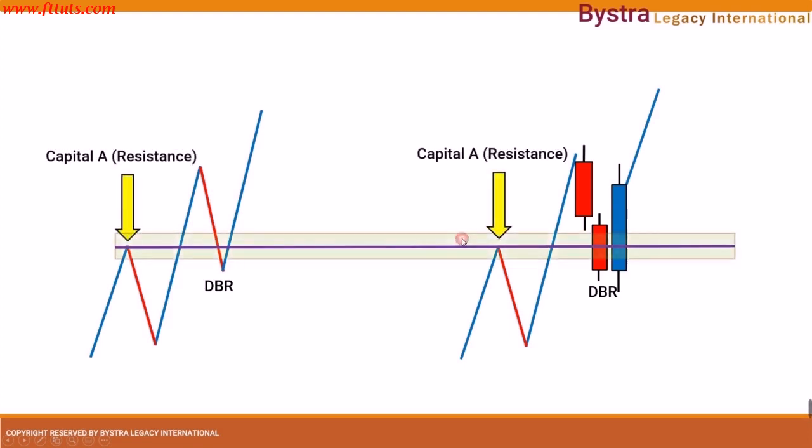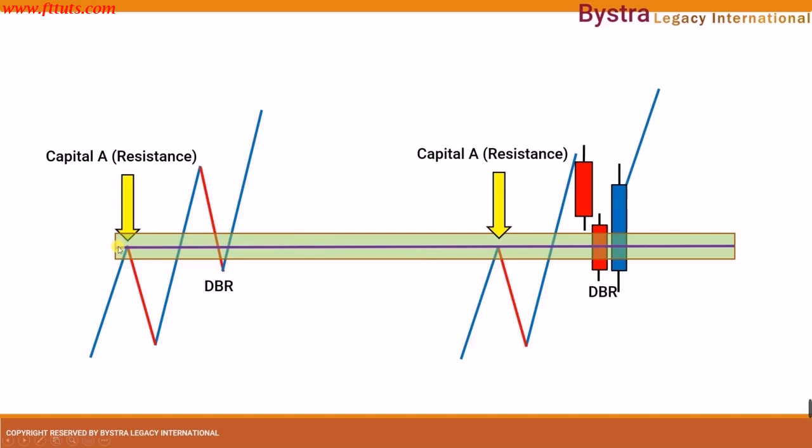Next, we mark the zone. Like I said earlier, we just mark it so that it is easy to identify. There is no specification of how you want to mark the zone. In this case, I'm just going to mark a zone so that it's easy for me to identify when the price comes into this area. So the next thing, what should we do?